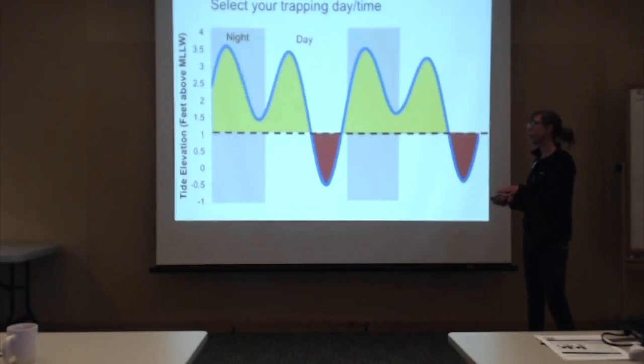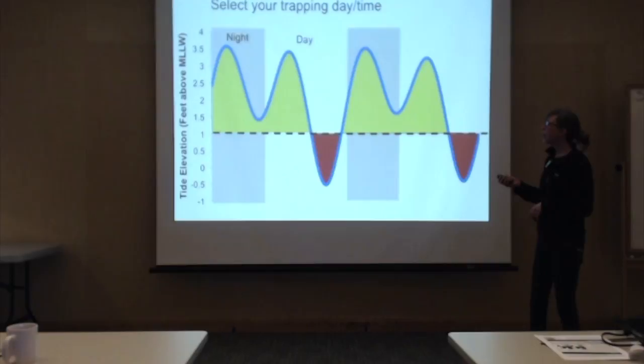This is also good because cats are not going to climb into a trap that's underwater. When they're exposed, not only are they vulnerable to cats and raccoons, but if we have caught fish at that point and the traps are out of water, our fish are not going to do very well. So we want to make sure our traps are submerged the entire time that they're set, from the time that we put them out to the time that we come back.